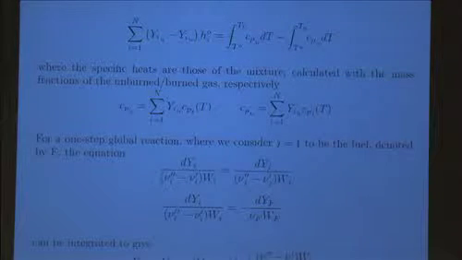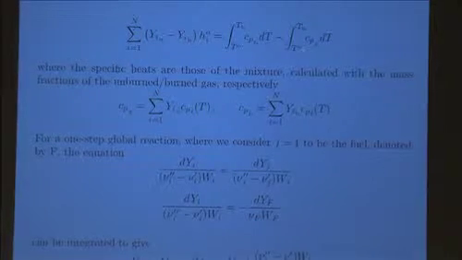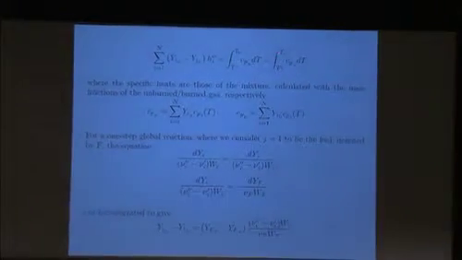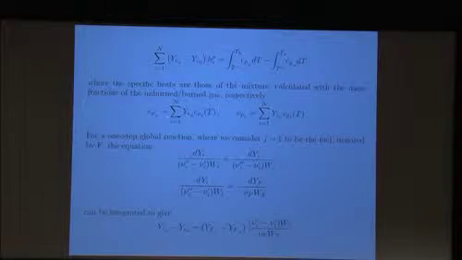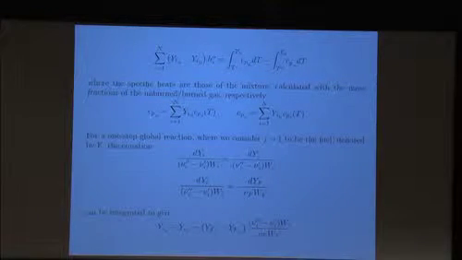So if you do that, you get that the difference between Y_i unburned minus burned, multiplied by the enthalpy of formation, is the difference between the sensible enthalpies. This is from the reference state to burned minus from the reference state to unburned, okay? And as I just said a minute ago, Cp_U and Cp_B are the specific heat of the unburned mixture or the specific heat of the burned mixture.